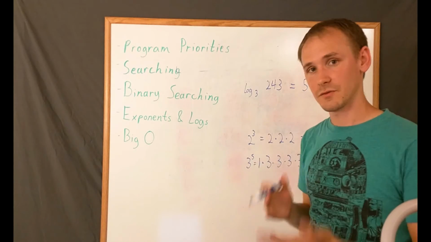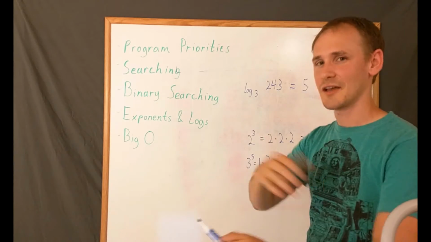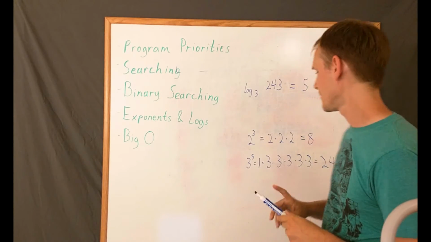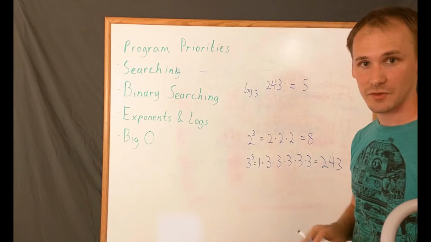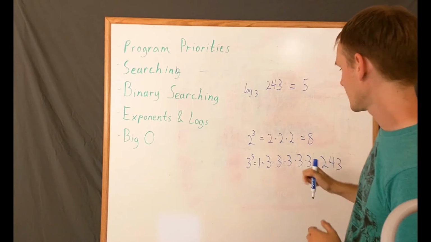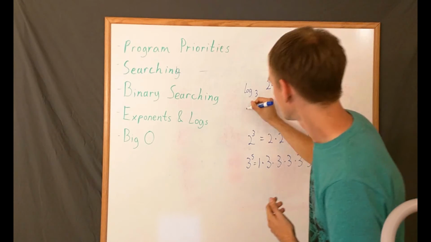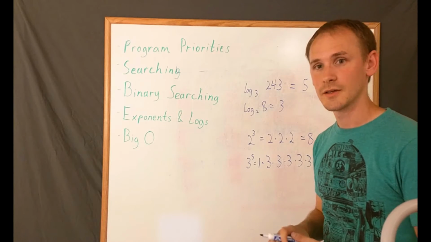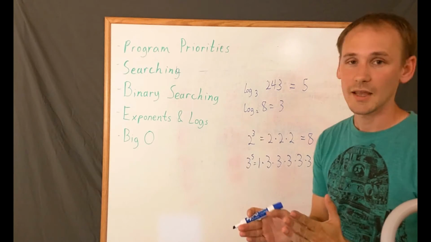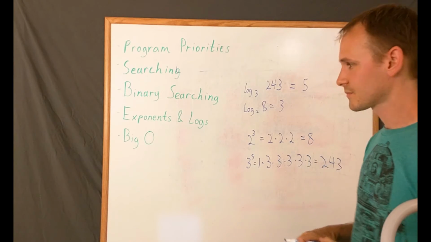I can cut 243 into a third 5 times before I get to 1. And the same thing happens with other powers too. There's nothing special about 3 and 5 or 243. If I take the log base 2 of 8, I get 3, because I can cut 8 in half 3 times before I get to 1.